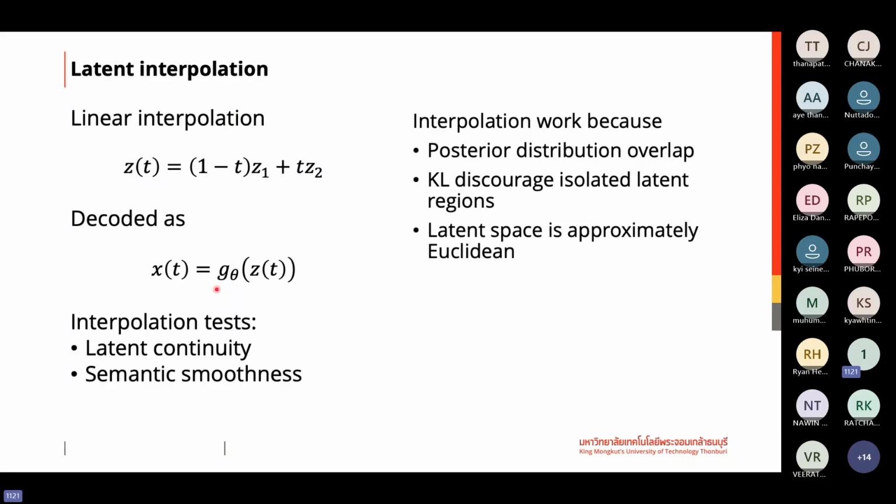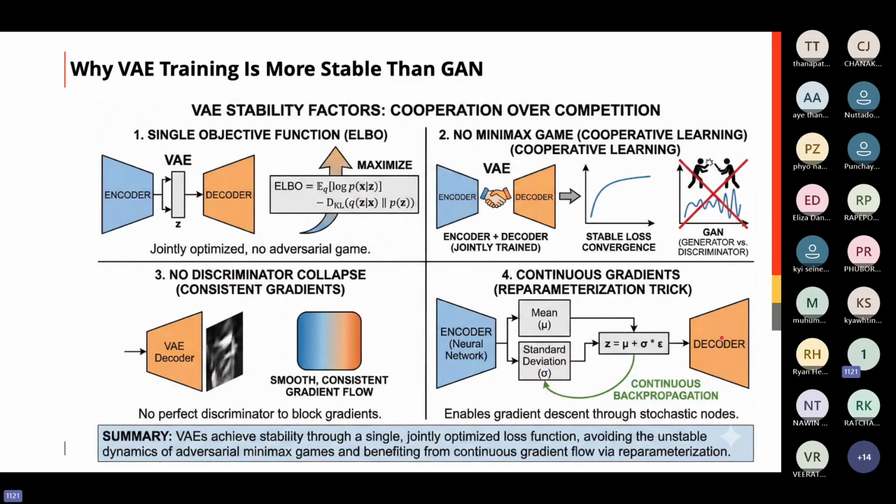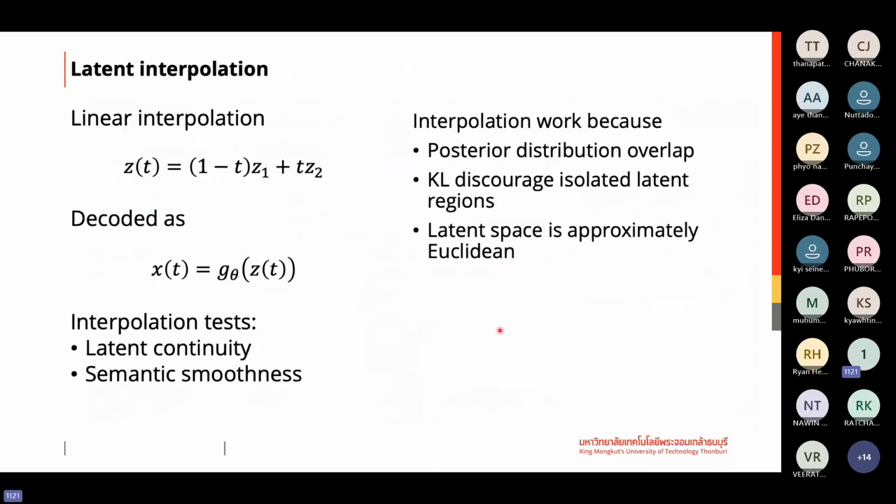So now it has semantics because meaning is encoded through this. Okay, so it has latent continuity, certain semantic smoothness, and it works because of the posterior distribution. Now they become overlapping. There is no disconnect here.